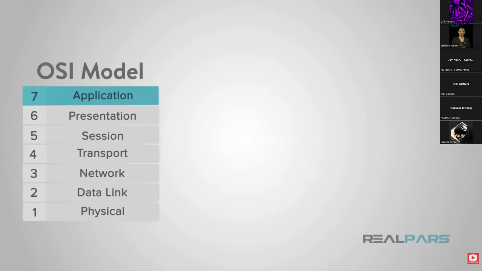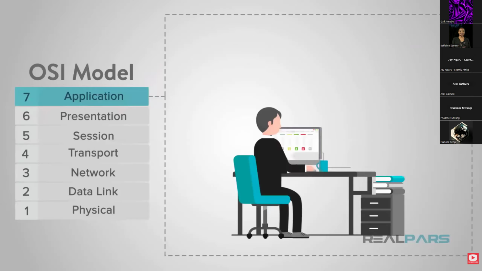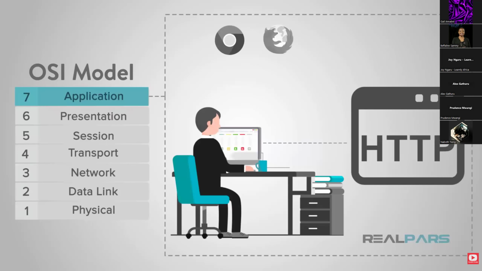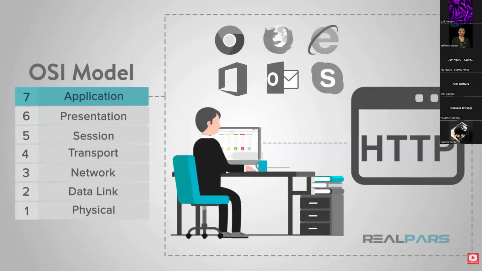The application layer provides network services to the end user. These services are protocols that work with the data the client web browsers such as Google Chrome, Firefox, and Internet Explorer. Other examples of applications that use this layer are Office, Outlook, and Skype. All of those interactive applications provide a set of services that allow the application layer to supply data to and receive data from the presentation layer.